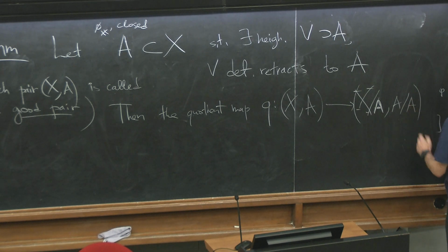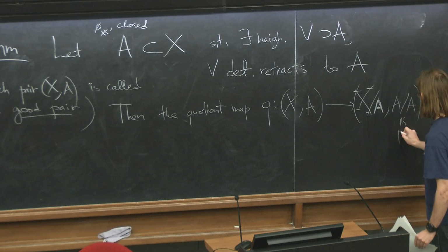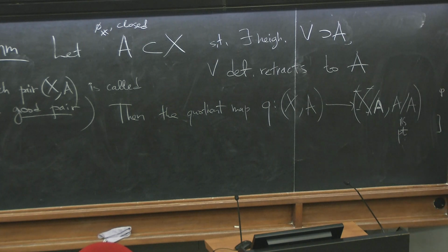So here we just quotient A with respect to A, and this is of course just a one-point space.